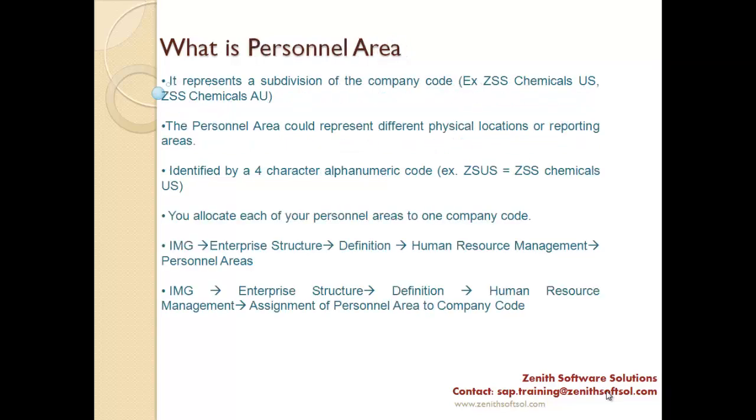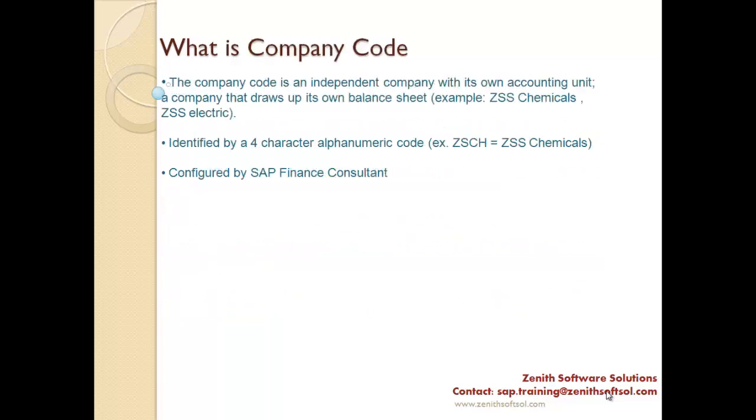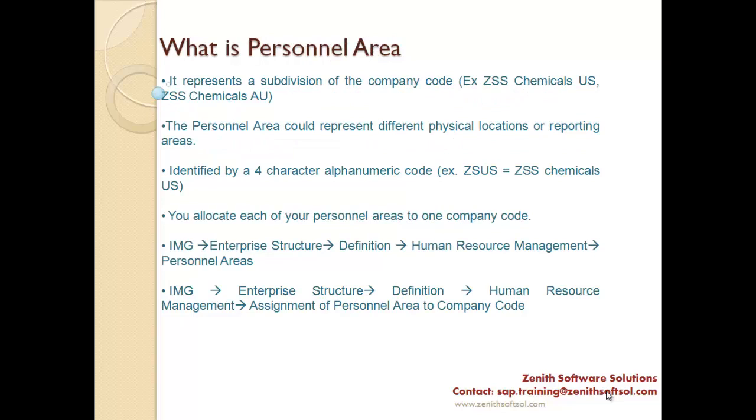So what is personal area? Personal area is a subdivision of the company code. In the previous slide, I have given an example: company code is ZSS Chemicals. It's a company code. And ZSS Electric, that's a separate company code. Now personal area is a subdivision of the company code, like ZSS Chemicals US, ZSS Chemicals Australia.